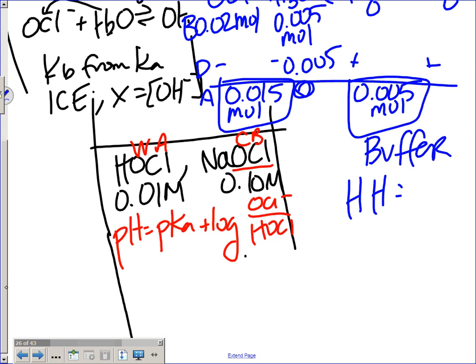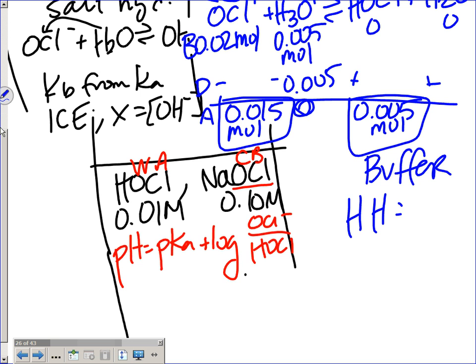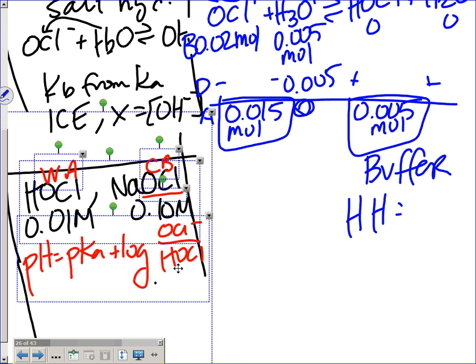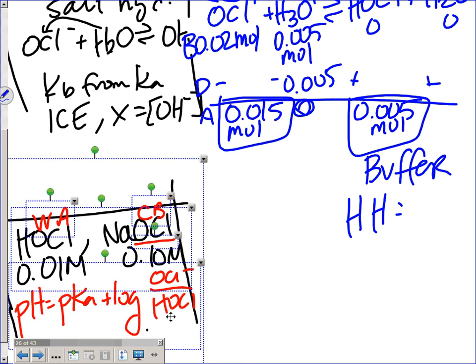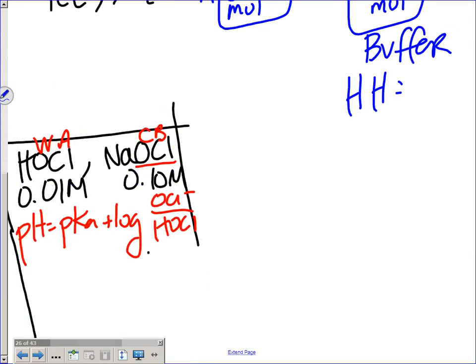So the last box here had this buffer that was already there, and we added 0.005 moles of our strong acid. Now I have 3 components in solution, 2 which were already in the buffer, plus the strong acid. So now you have to choose who are the reactants, meaning who has the strongest attraction for a reaction. Who would that be?